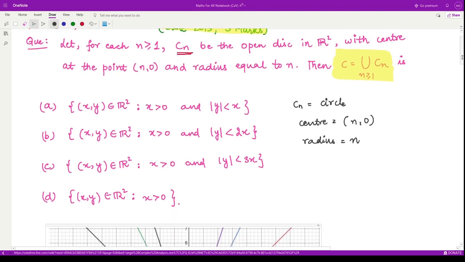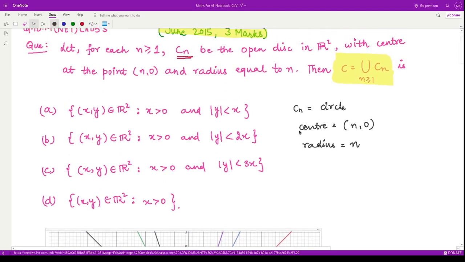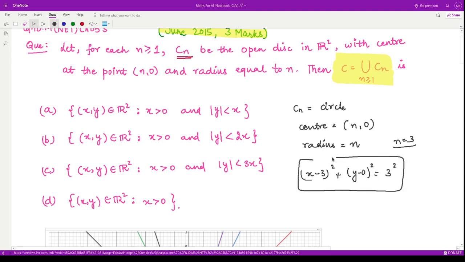So suppose our n is equal to 3. For that case, our circle would simply be (x minus 3) whole square plus (y minus 0) whole square equal to 3 square, right? So this would be the equation of the circle when n is equal to 3. So this is C3.